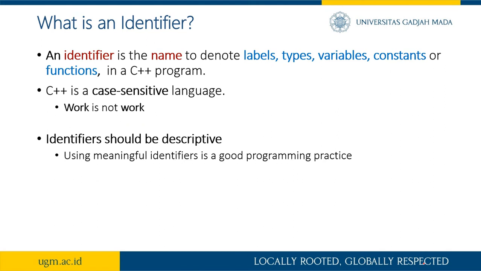Next, what is identifier? Identifier is something used to identify or to name labels, types, variables, constants, or also functions in a C++ program.